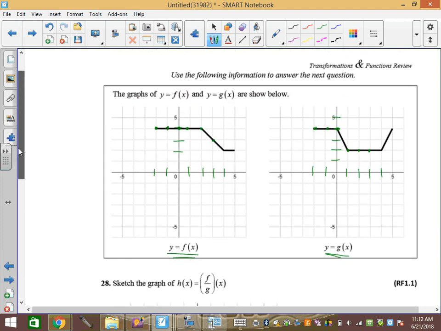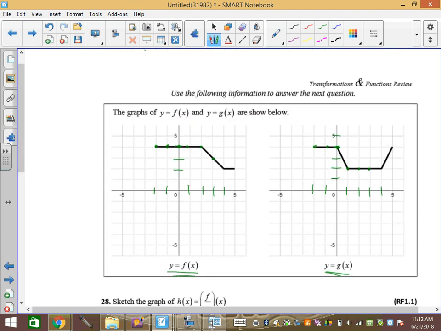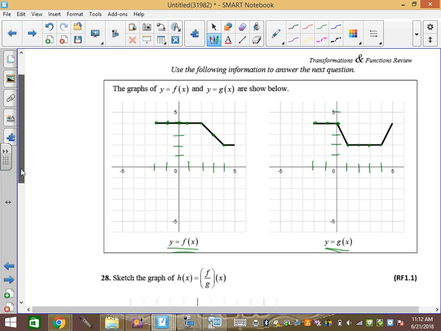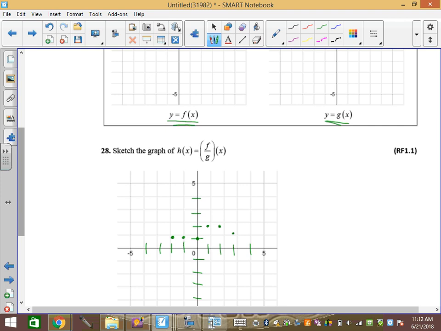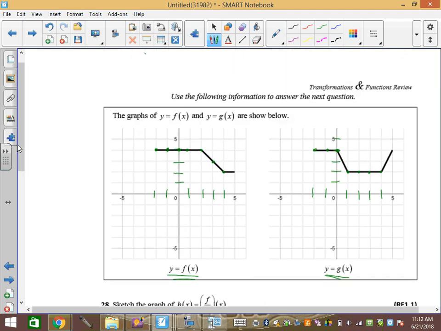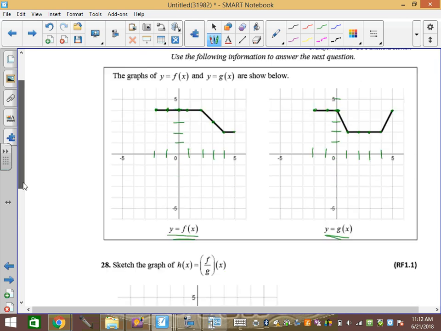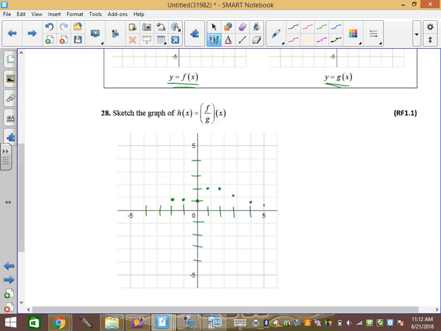Then the last ones. 4 is 2 divided by 2, which is 1. And then 5 is 2 divided by 4, which is a half. That's my new graph.